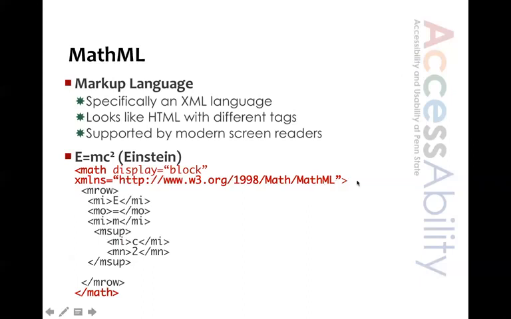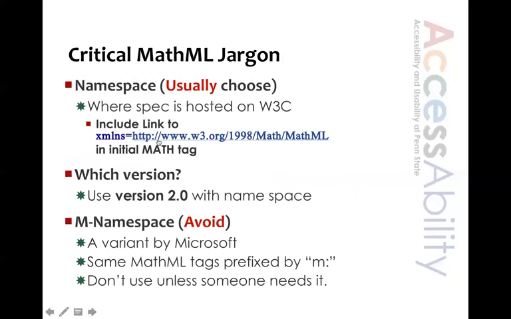That just means that when the browser sees it, it knows a math equation is coming, and it's a link pointing to the standard, in this case MathML 2.0. Pretty much it should be in there for browsers to be happy. If it's not there, the results are a little unpredictable. So this is the namespace.